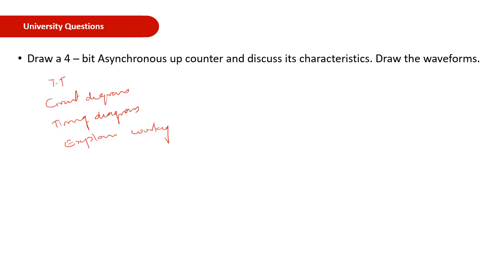Again, this 4-bit asynchronous up counter is already discussed in the video related to asynchronous counters, so you can just go through that video. Here it is mentioned up counter, so you can directly draw the circuit that is discussed in that video.